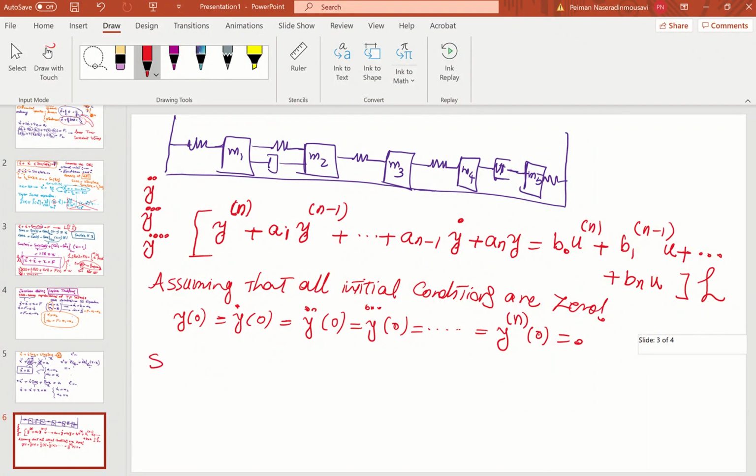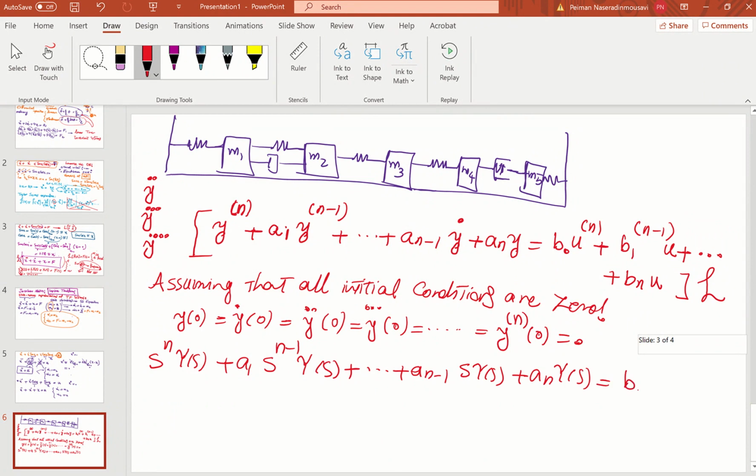You can say that s^n Y(s) plus a_1 s^(n-1) Y(s) plus up to a_(n-1) s Y(s) plus a_n Y(s) is equal to b_0 s^n U(s) plus up to b_n U(s).